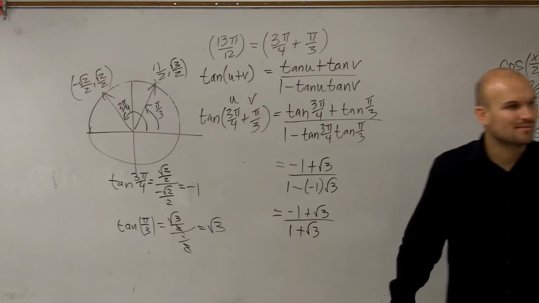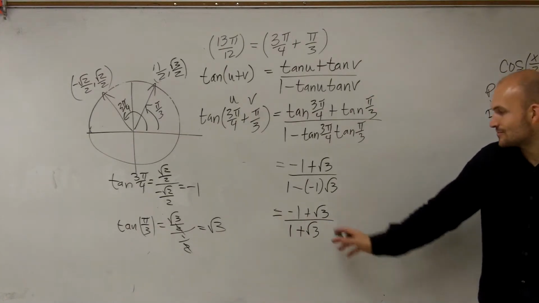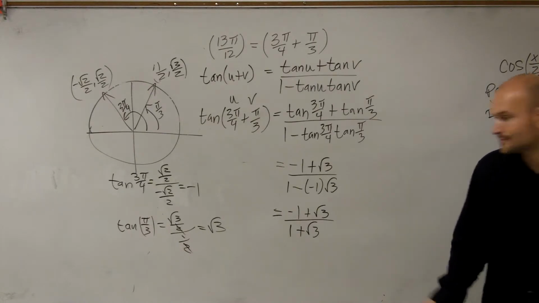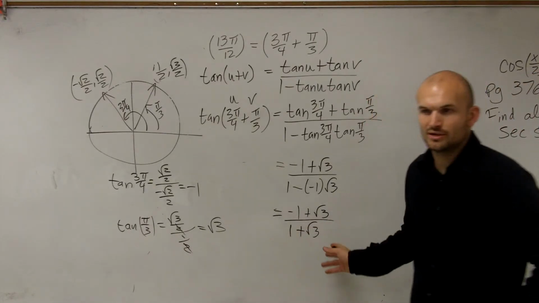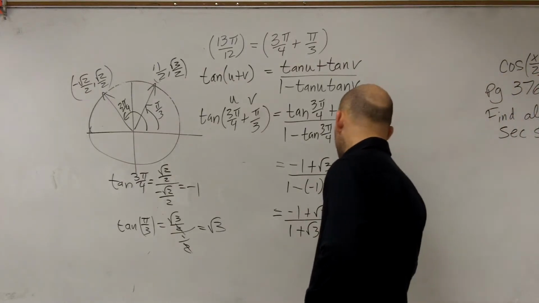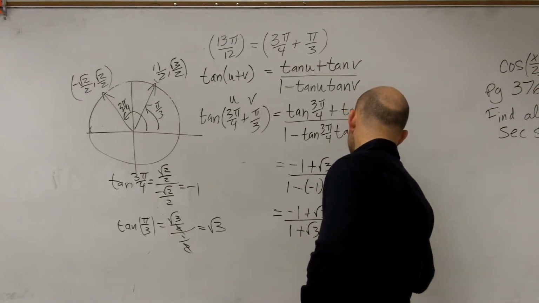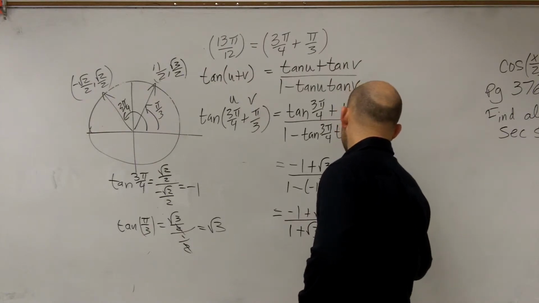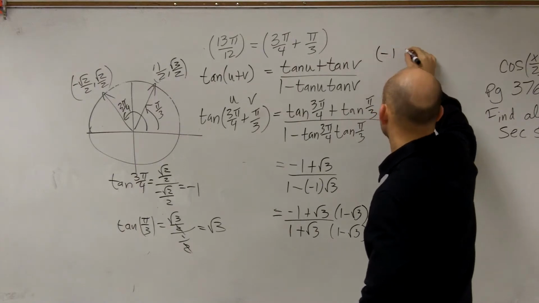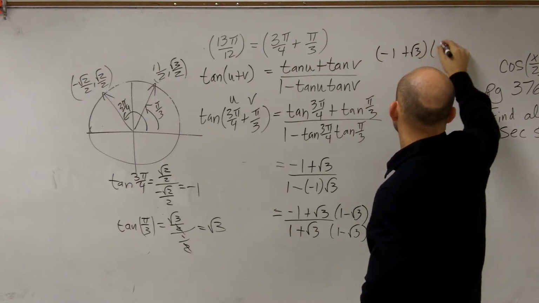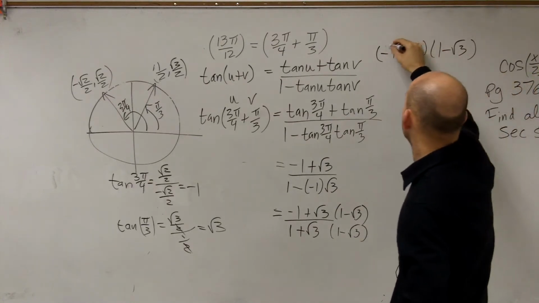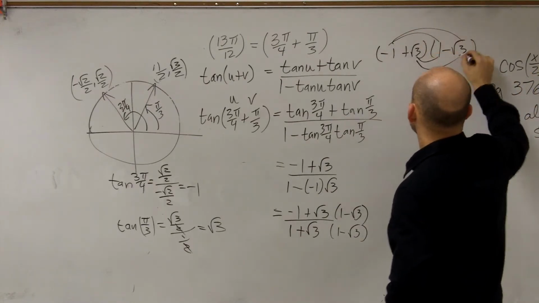Now, the fun part about tangents is we're going to want to simplify this a little further by rationalizing our denominator. We don't want a binomial with a radical in our denominator. So I multiply by 1 minus the square root of 3. Remember, when multiplying binomials, these are not a difference of two squares, so we need to multiply every single term.